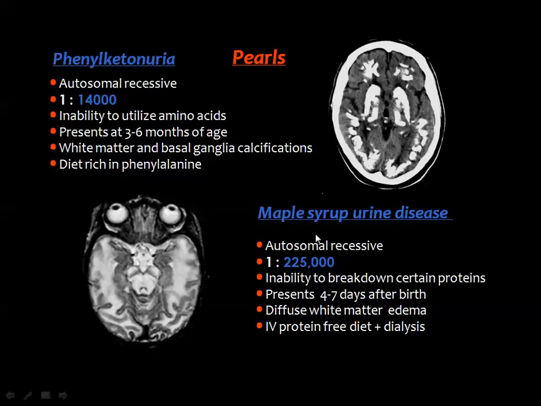Maple syrup urine disease is also an autosomal recessive disorder. It is rare. The main problem is the inability to break down certain proteins.